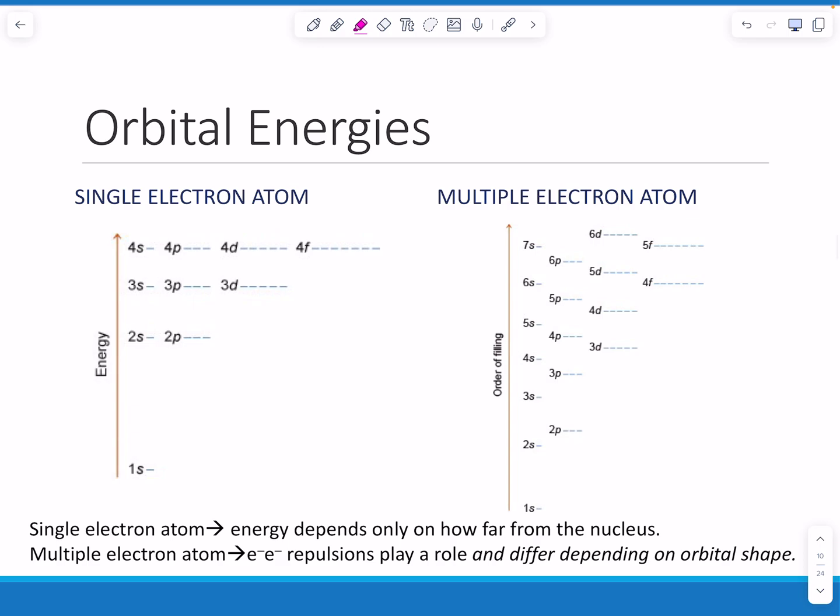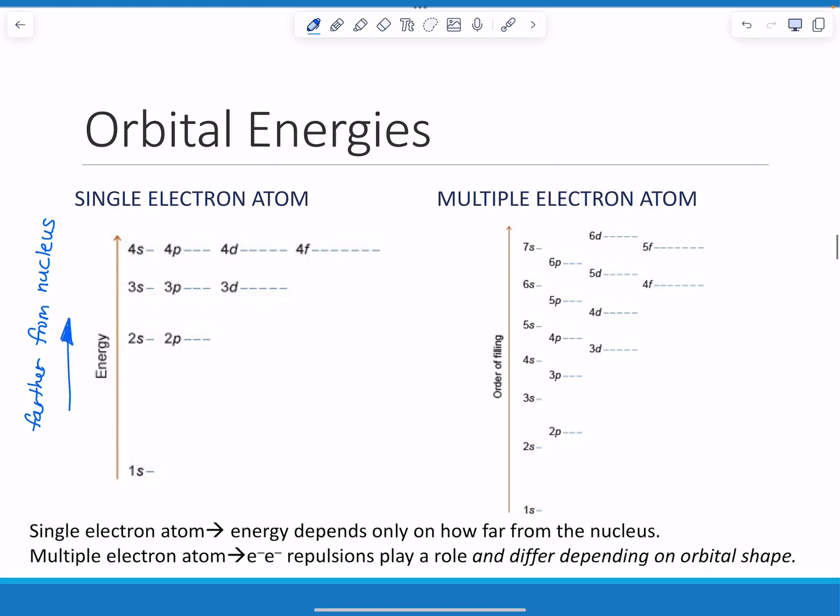All right, so, oh, we still have time, good. So we showed this at the end of chapter 3, right? In a single electron atom, our energy is only going to depend on distance from the nucleus. So remember, as we go up in energy, we go farther from the nucleus. And in multi-electron systems, we've got more intermediate steps between the orbital energies.